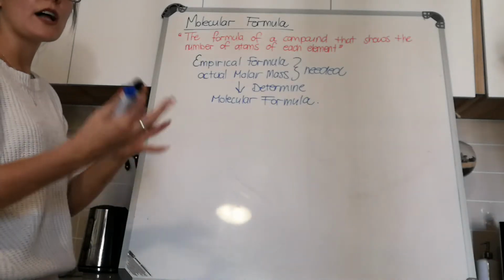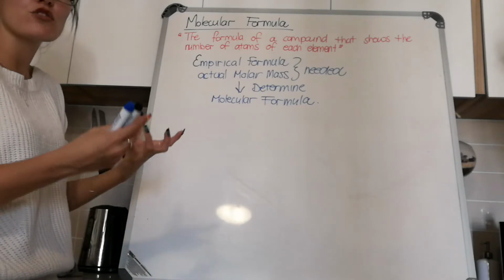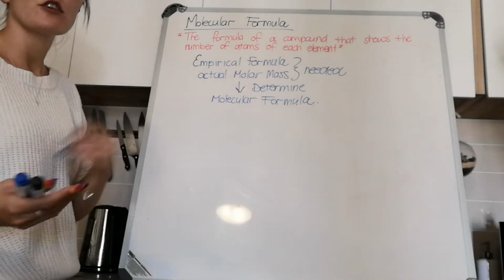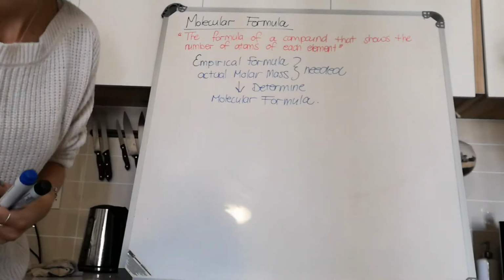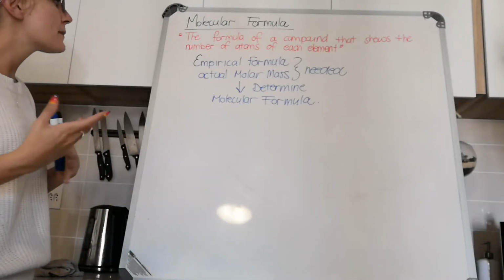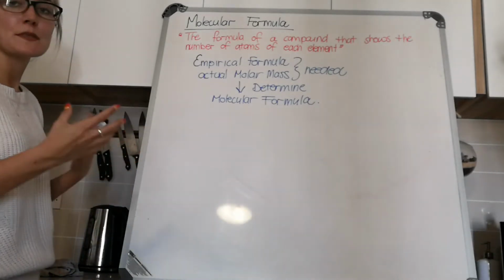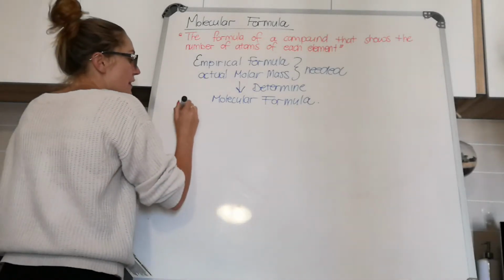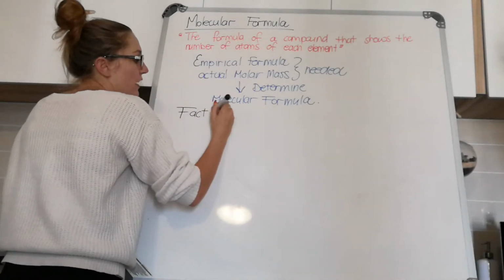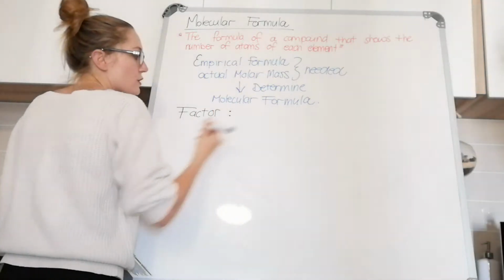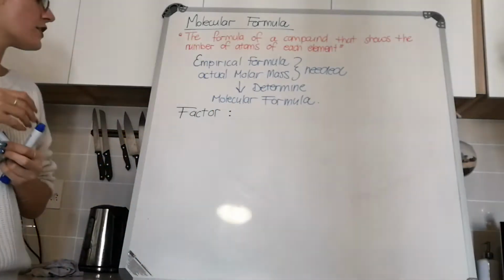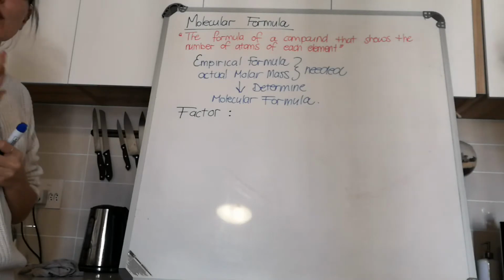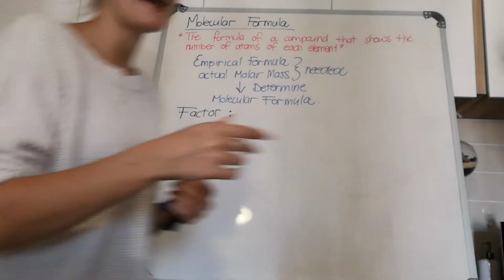You can see how much too little you have compared to what you ought to have. So in order to do that, you need to find out the factor by which yours is too small. Oh my word, it's not going well.